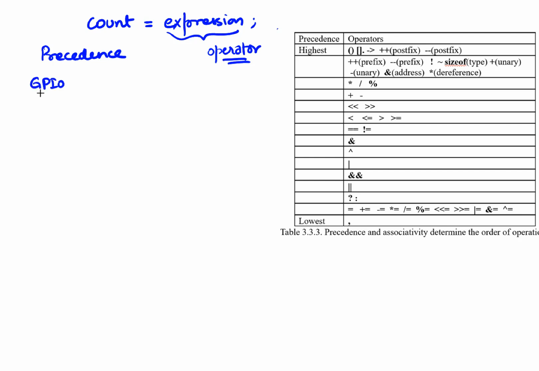Let's say I have a switch connected to pin PB3, and I want to take the state of the switch and return either a 0 or a 1, depending upon whether the switch is open or closed.